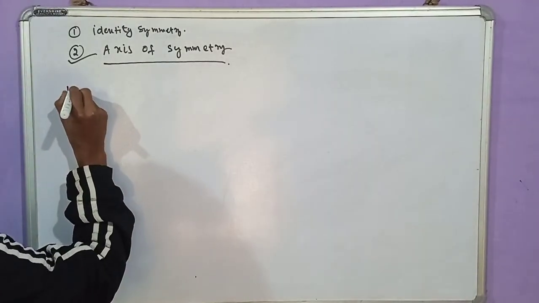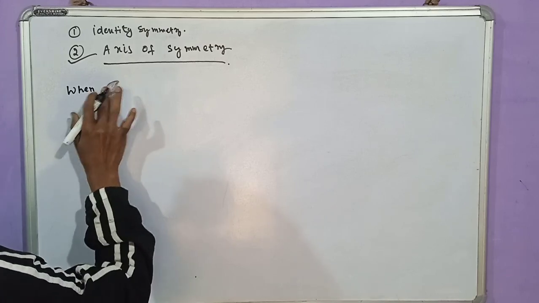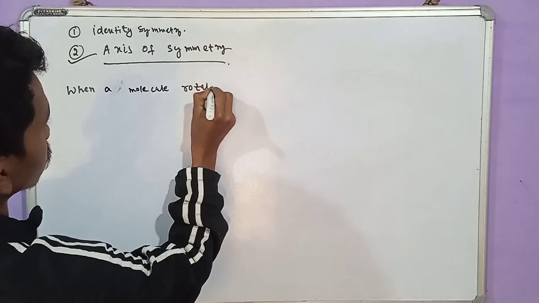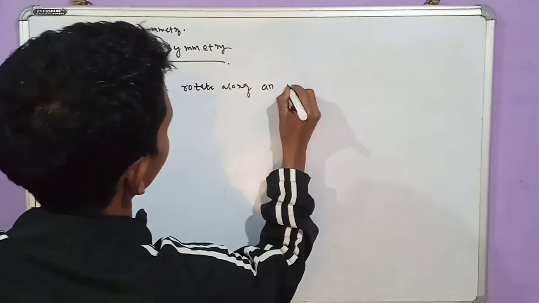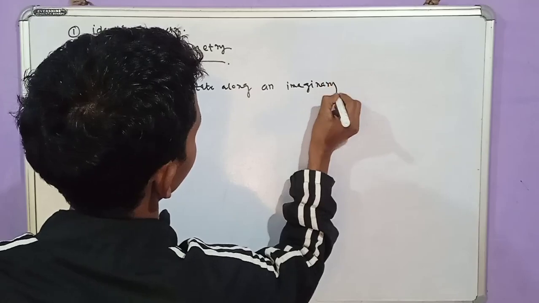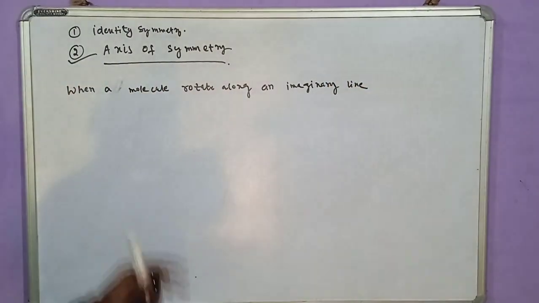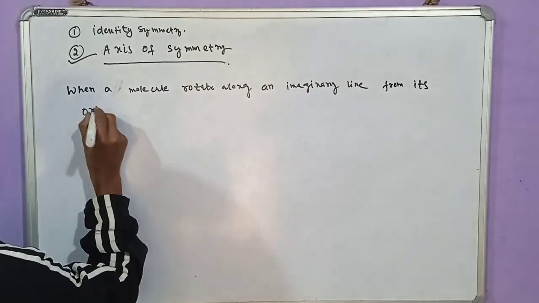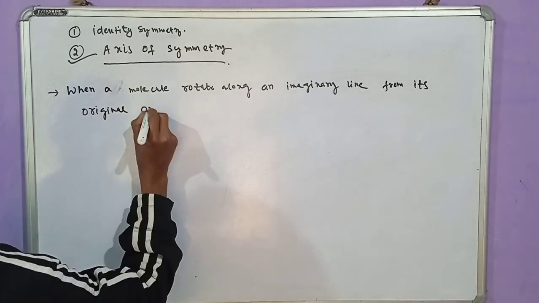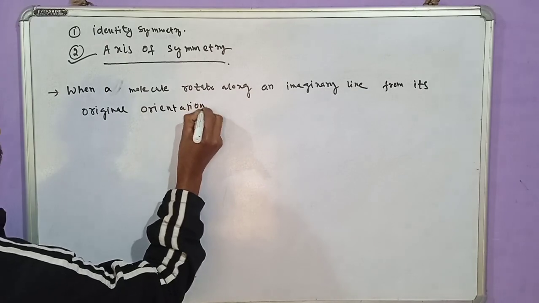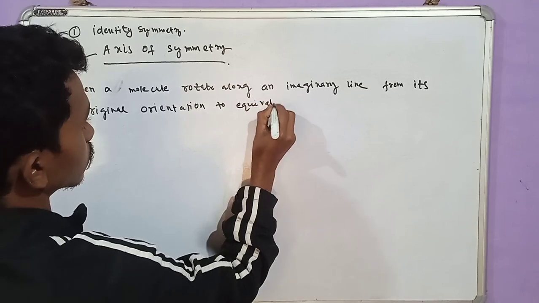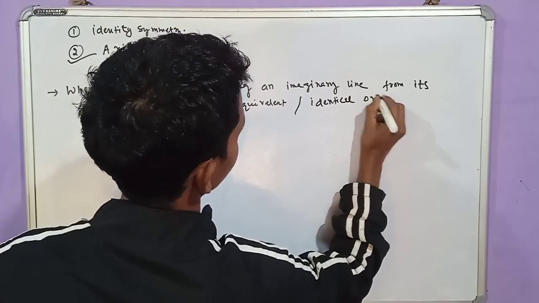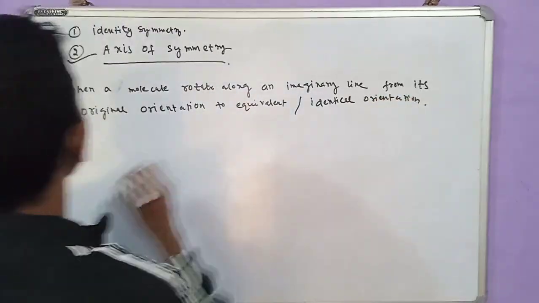It is when a molecule rotates along an imaginary line from its original orientation to an equivalent or identical orientation. So this is called the axis of symmetry.